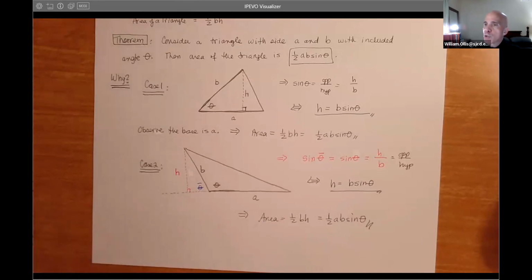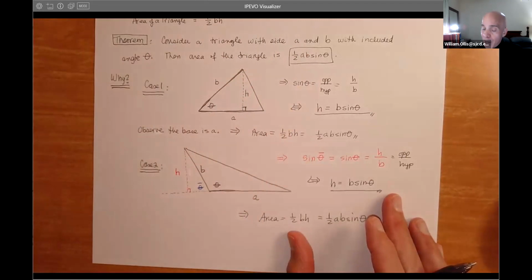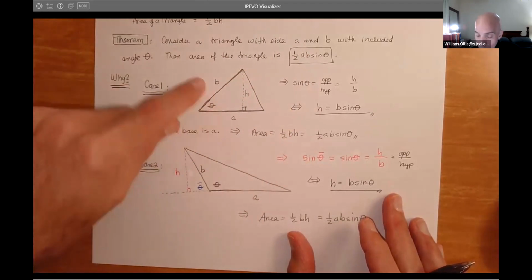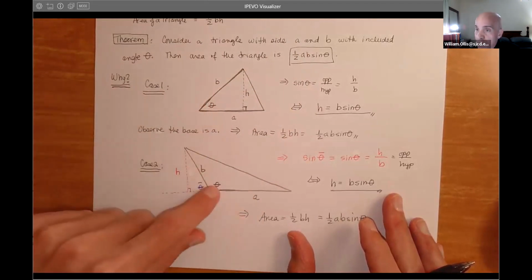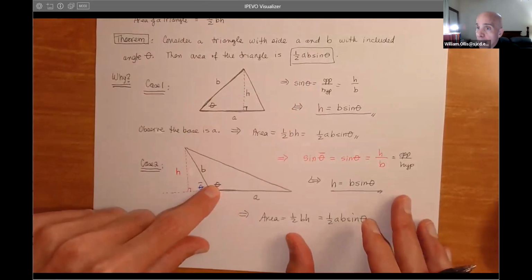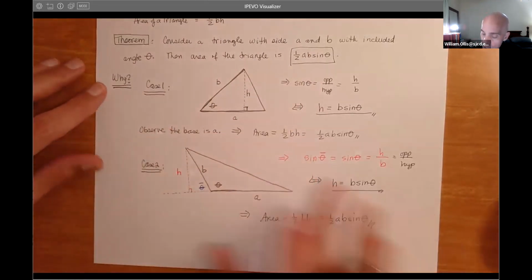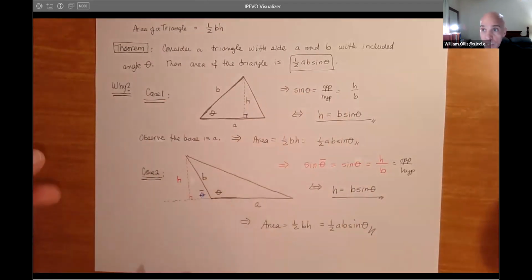So this is a more user-friendly formula that utilizes trigonometry, but just remember the hypotheses. You have two sides of the triangle with the included angle, okay? And that will allow you to compute the area of the triangle. So much more user-friendly, albeit very, very simple.